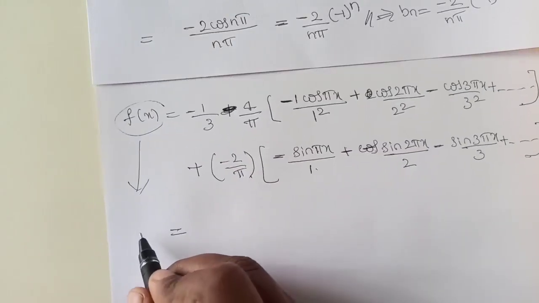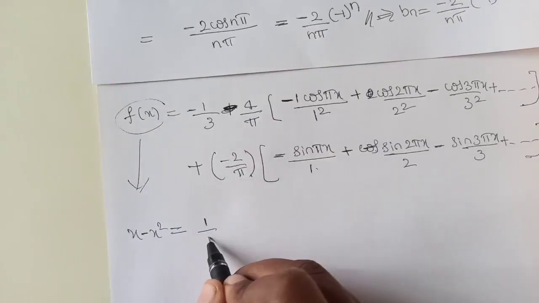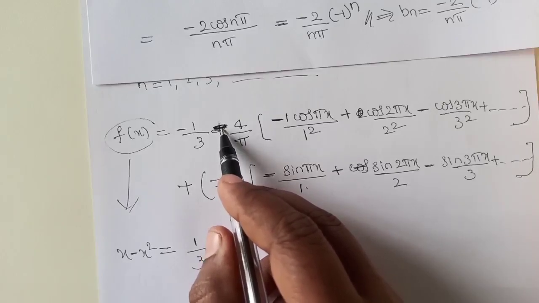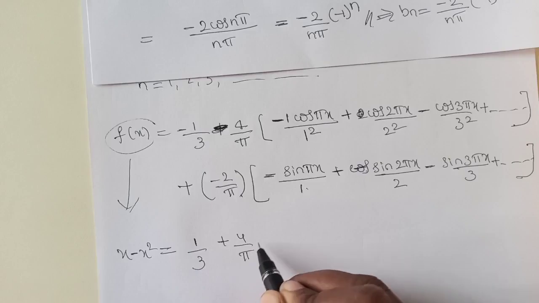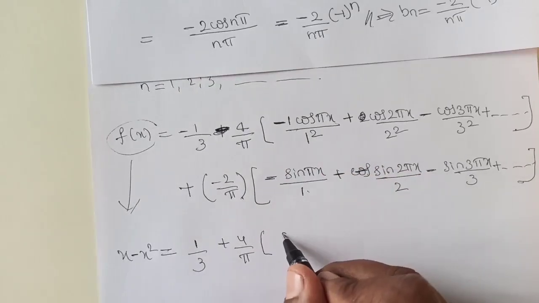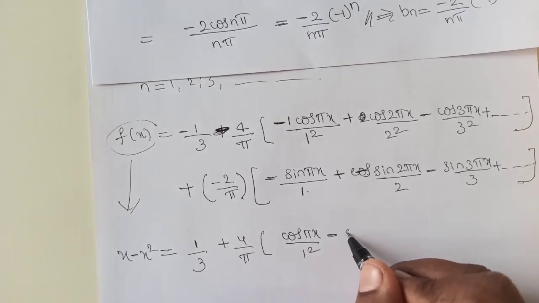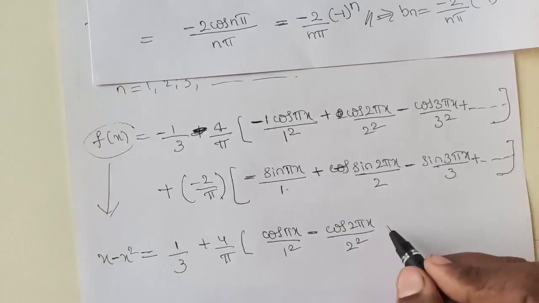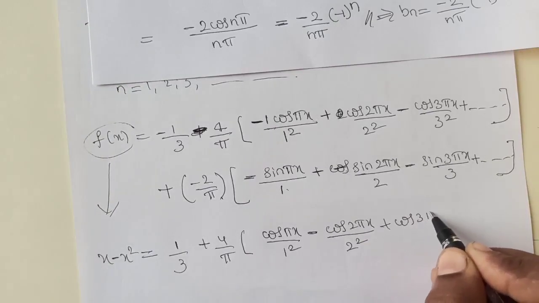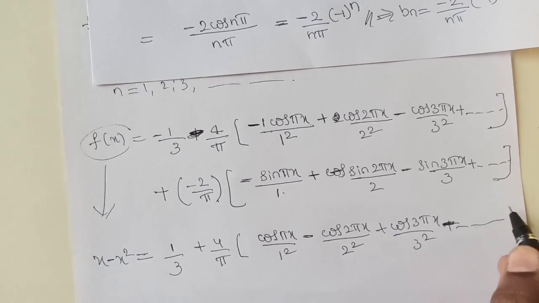The f of x value is x minus x square, so this is 1 by 3. Multiplying this by minus 2, the bracket, we get plus 4 by pi times cos of pi x divided by 1 square, minus cos of 2 pi x divided by 2 square, plus cos of 3 pi x divided by 3 square, and so on.